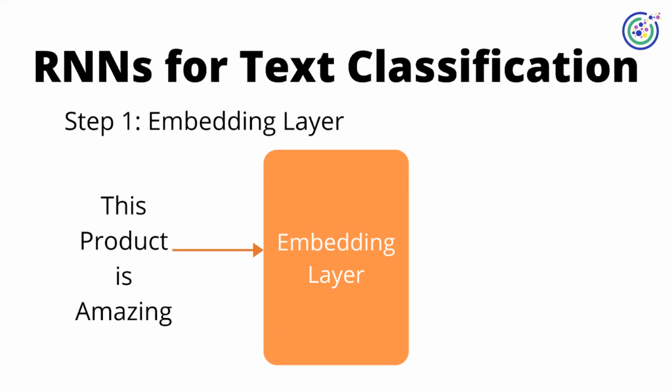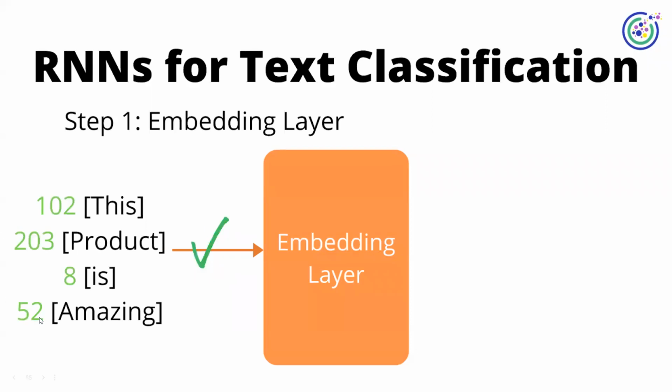But the problem is this is text, so you can't pass it as it is. So what should you do? You convert these to integer tokens, and these integer tokens are nothing but indices of the word in the lookup table that the embedding layer has. So let's say at 102 will be the corresponding vector entry for the word "this".